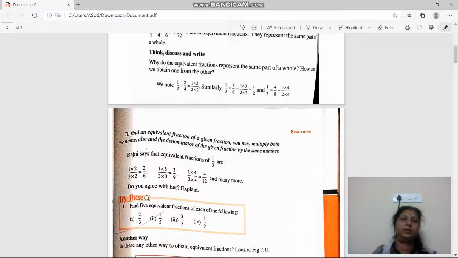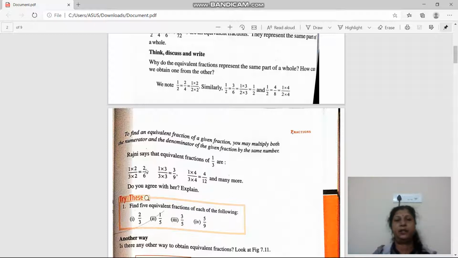Now, to find an equivalent fraction of a given fraction, you may multiply both the numerator and denominator of the given fraction by the same number. Let's consider the example of 1 upon 3. To find equivalent fractions of 1 upon 3, first we multiply numerator and denominator by 2.